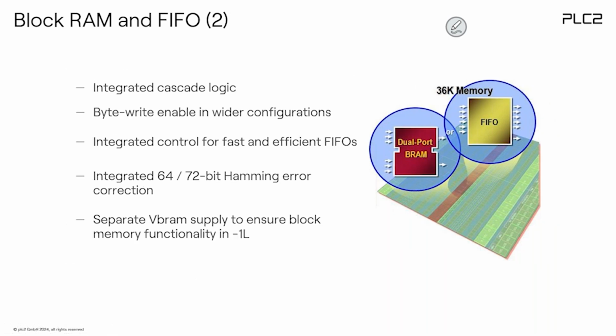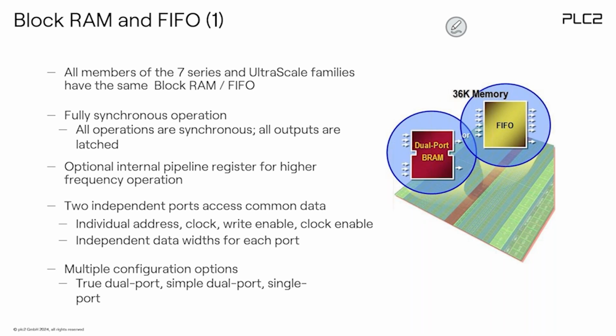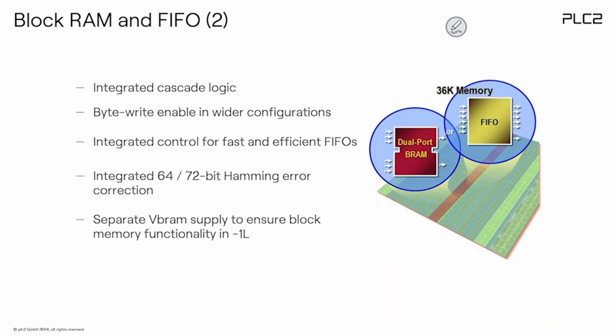For example, the RAM is a standard dual port, which means port A, port B. We can change the ratio of size to width. We have two different clocks through the dual ports, so this means you have very multiple configurations for such RAMs.